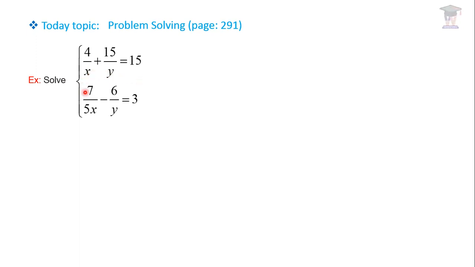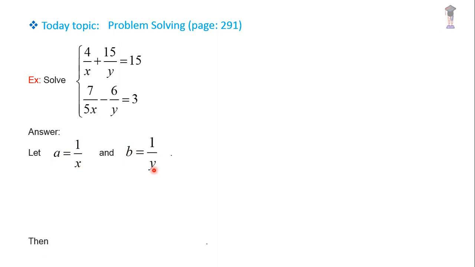In order to solve this type of equation, we need to reduce it into a simultaneous equation in new variables. We can let a be 1 over x and b be 1 over y.